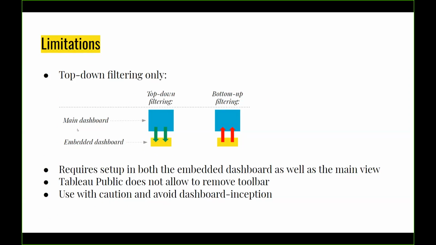So this assumes that my filters, let's say for region, for category, for segment, they have to sit within the main dashboard, and I will be passing them to the embedded object, to that embedded dashboard, rather than the other way around. So I won't be able to use filters that I already have included in that embedded dashboard to make some filtering on the main dashboard. So that's something that we have to keep in mind.